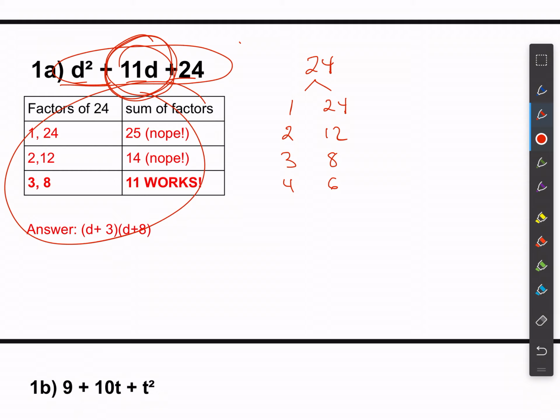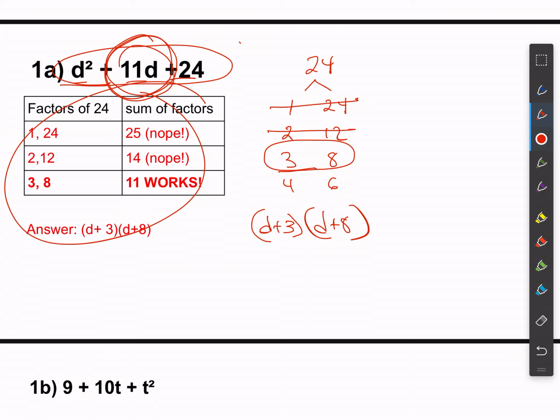If I were to add or subtract 1 and 24, there's no way to get 11, so that doesn't work. 2 and 12 doesn't work either. But 3 and 8, 3 plus 8 is 11, so that is going to be the one that works. So what I'm going to do is rewrite this thing as, not x in this case, but d plus 3 and d plus 8.